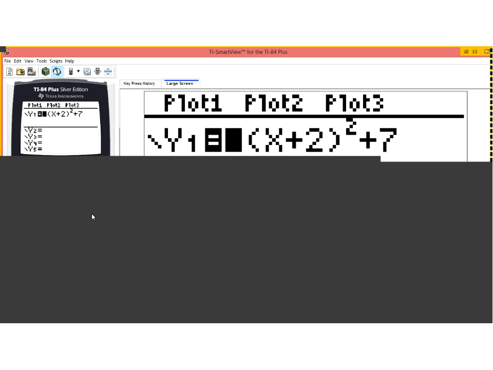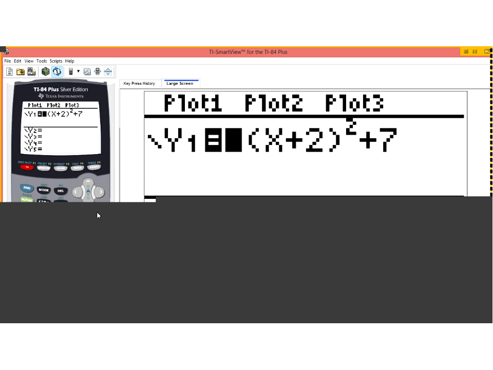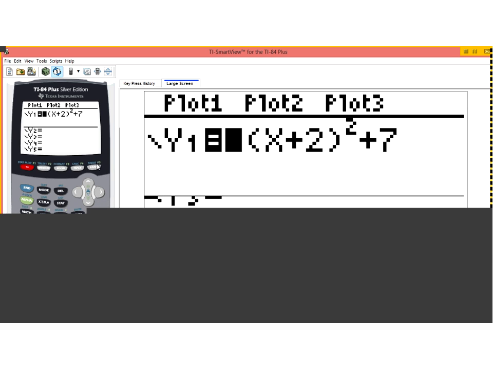All right. So we go to y equals. We put in the new x squared minus 3x minus 10. Graph that.